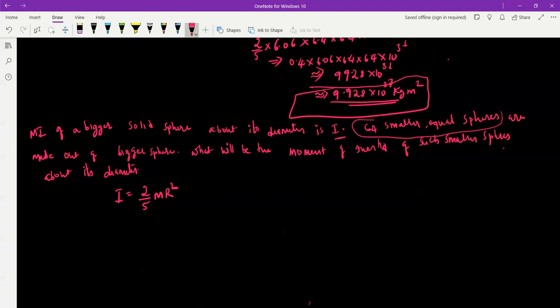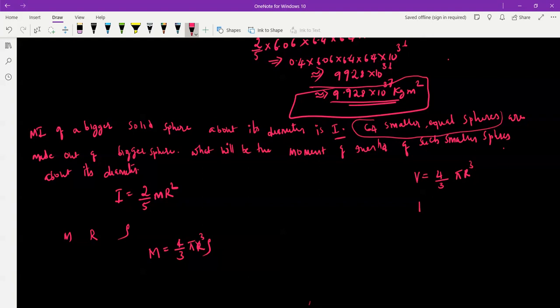So let us consider, let m be its mass, r be its radius, and density be rho. Then mass is equal to 4 by 3 pi r cube rho. You might be wondering why I have just written this. We know that the volume of a sphere is 4 by 3 pi r cube, right?